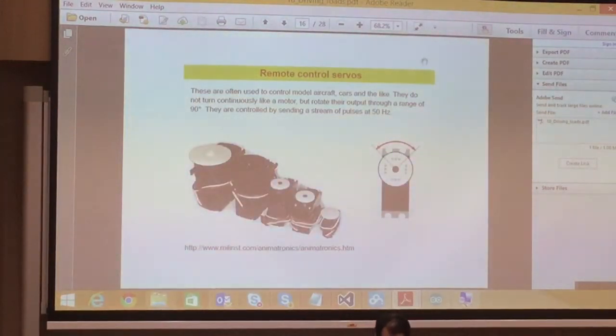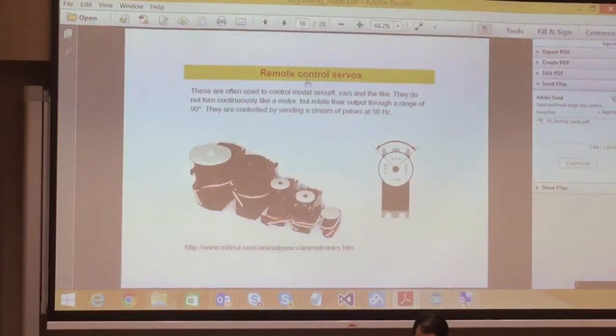Okay. Next, I'm going to discuss the motor and servo a little bit. One of the main components for the microcontroller you want to control is the motor or servo, because you want to do something, for example like a washing machine, so you want to control the motor movement. How do we control it?